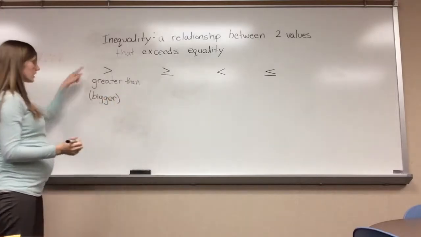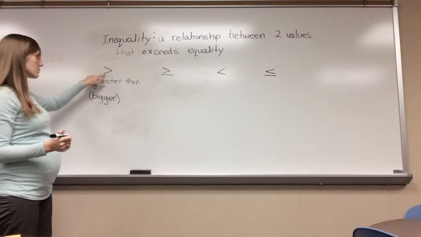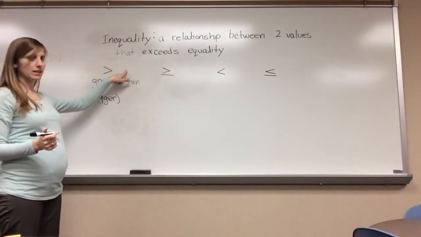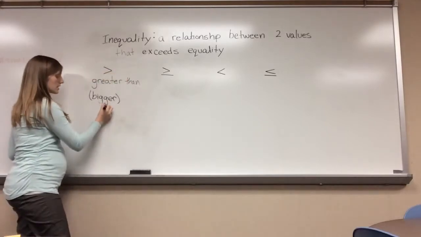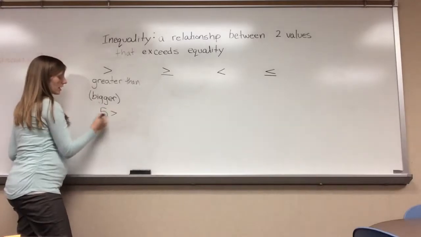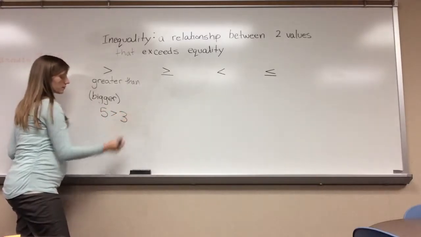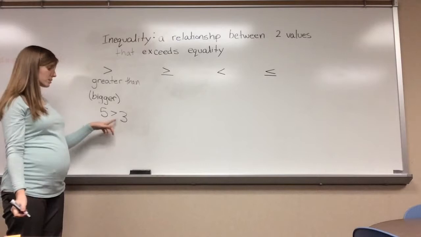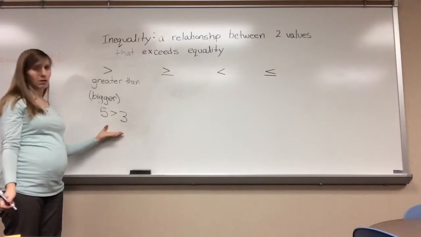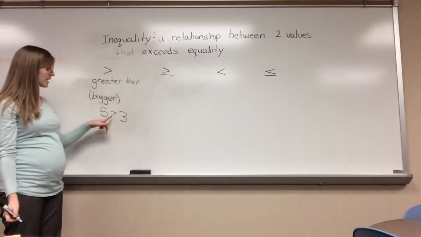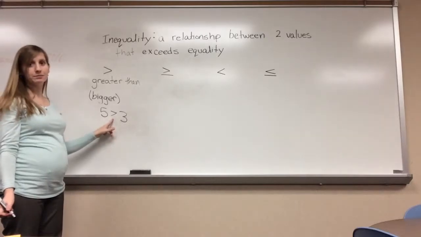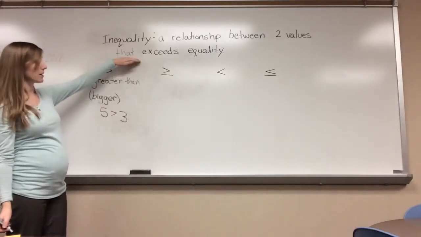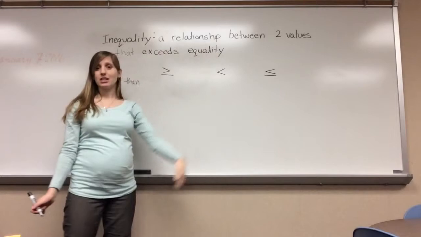So it's telling you whatever you have on the left side is bigger than whatever's on the right side. So I could have the example 5 is bigger than, or greater than, 3, which is a true statement. This is an inequality. They're not equal to each other, but it shows a relationship still. So it's telling me about the relationship that goes beyond just equality.